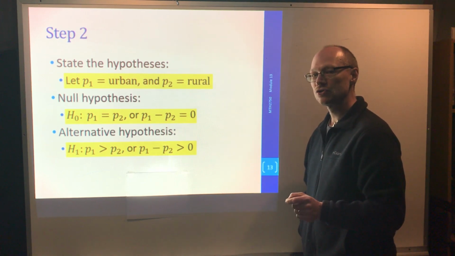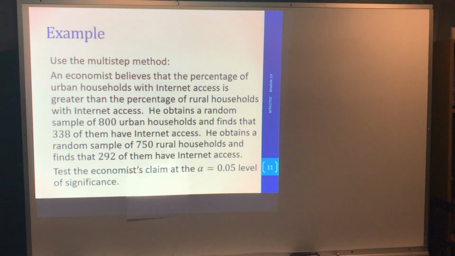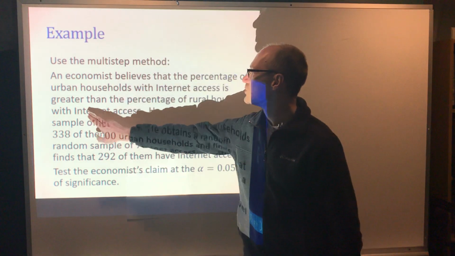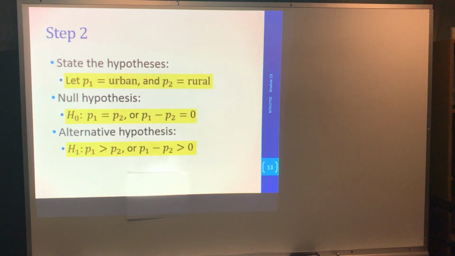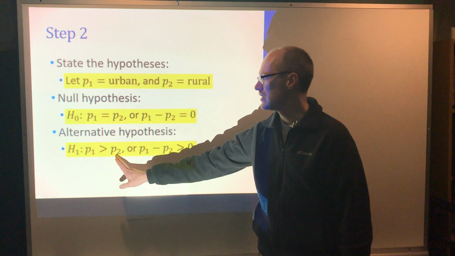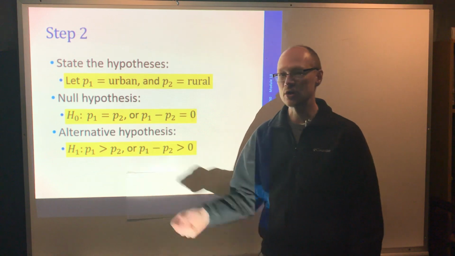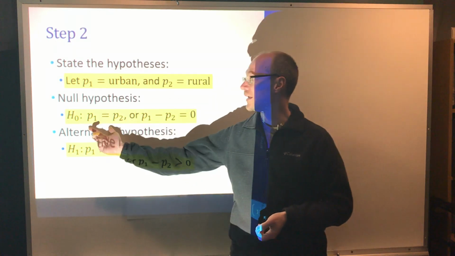And I believe the researcher was considering that, didn't the researcher believe that urban is greater than rural? So if urban is greater than rural, then the first is going to be greater than the second. What is your null hypothesis? The null hypothesis is a statement of equality, that they are equal to one another.